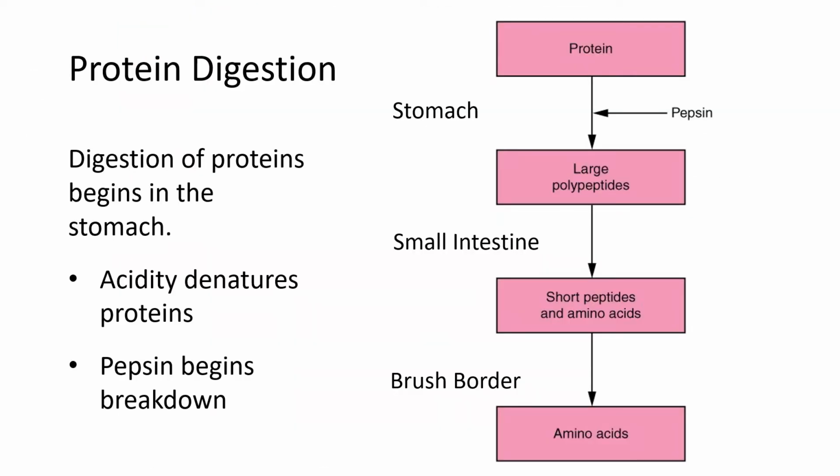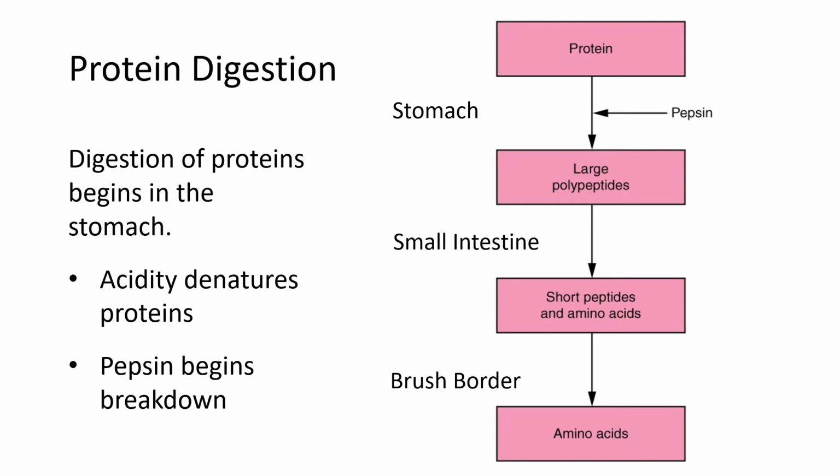To summarize, pepsin is going to break down very large protein molecules into polypeptides that are quite a bit smaller. So they start out as several polypeptides bound together. The polypeptides are several hundred amino acids long, and after pepsin has its way with them, we're left with polypeptides that are still fairly large, but now they're a few dozen amino acids long instead of several hundred amino acids long.